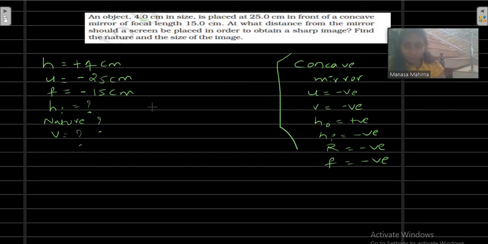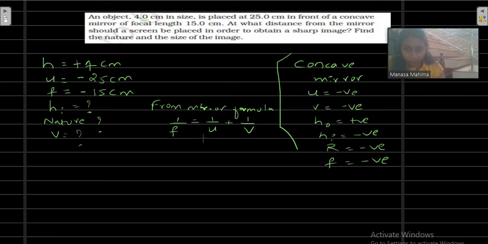You know the mirror formula, right? So you need to write here, from the mirror formula. Okay. What is the mirror formula? 1 by f is equal to 1 by u plus 1 by v. Correct?